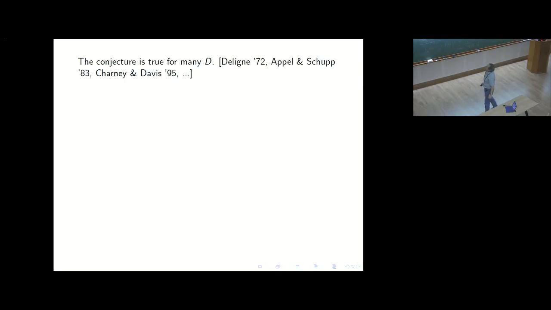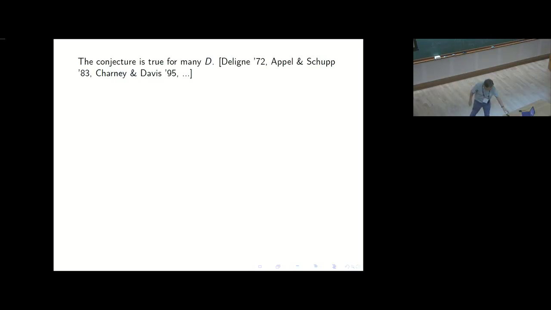Appel and Schupp in the 80s looked at two-dimensional Artin groups. A two-dimensional Artin group is an Artin group with the following property: no triple of generators generates an infinite group... rather, any triple of generators at the Coxeter level generates an infinite Coxeter group.